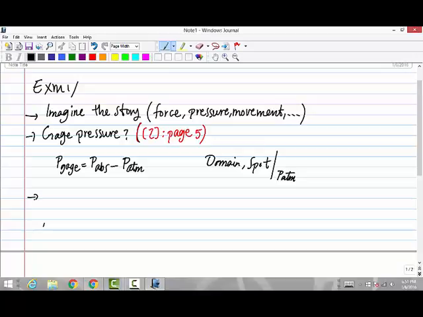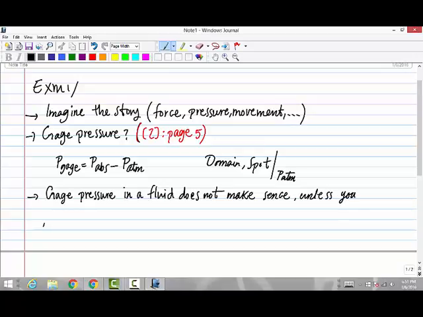Gauge pressure in a fluid does not make sense unless you specify the position.